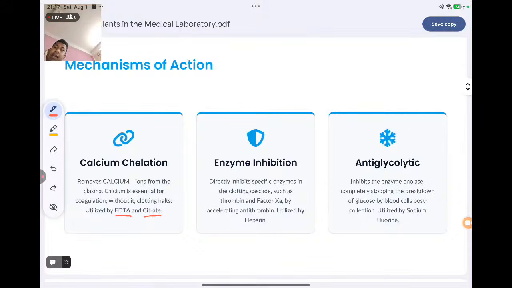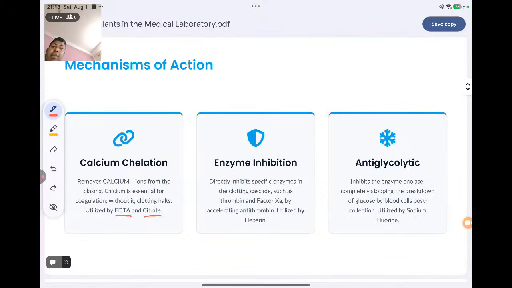EDTA is an anticoagulant in nature, so it removes the calcium from plasma, therefore ensuring that no coagulation of blood will take place and we can perform our test in a perfect way.